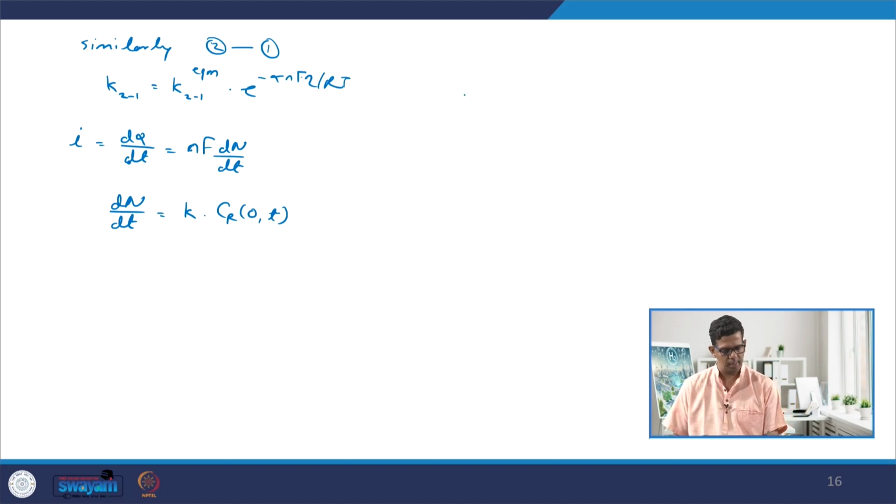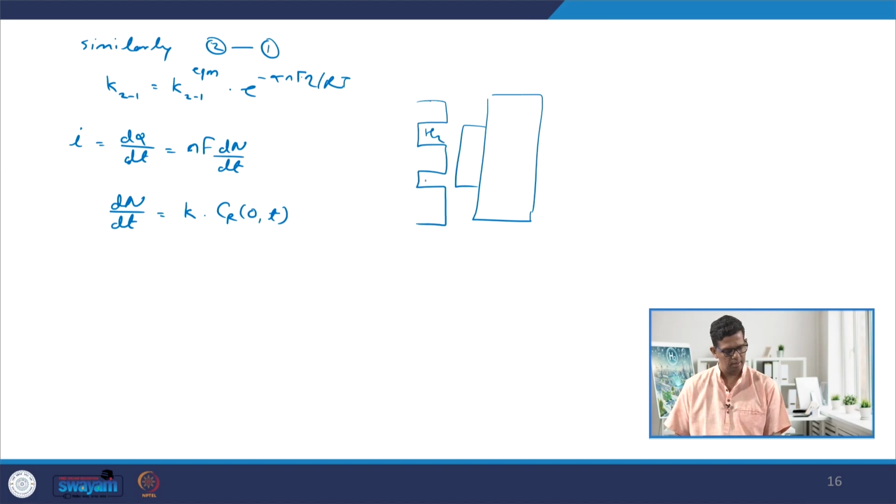Cr(0,t) is the concentration of the reactant. Let me explain that here. If I take the hydrogen side and this is our bipolar plate, hydrogen is being supplied.